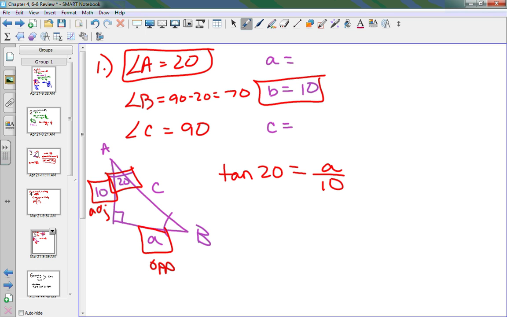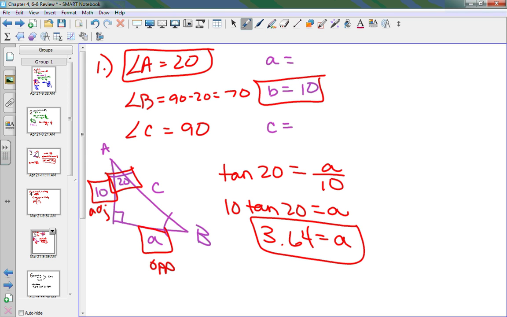Multiply by 10. So 10 times the tangent of 20 is equal to A. If you plug that in your calculator in degree mode, can someone punch that in? I think it's 3.64. There's A. Do we understand that?